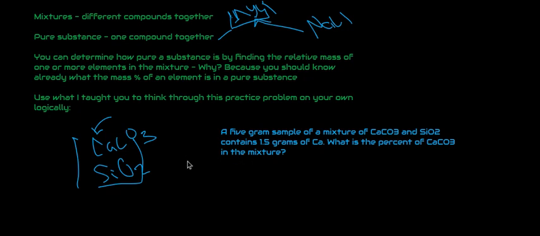What is the percent of CaCO3 in the mixture? This is going to be a little bit of a challenge question, and I'm going to leave it up to you guys to solve. Comment down below what you get and your process of getting there, and I'll respond.